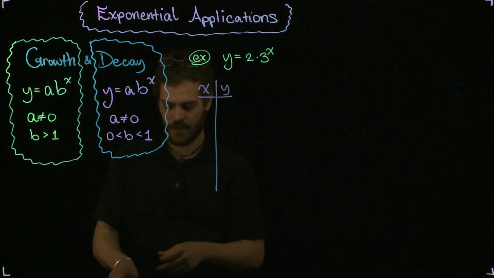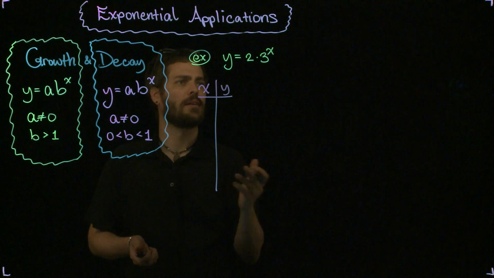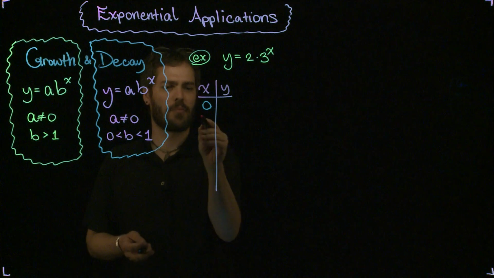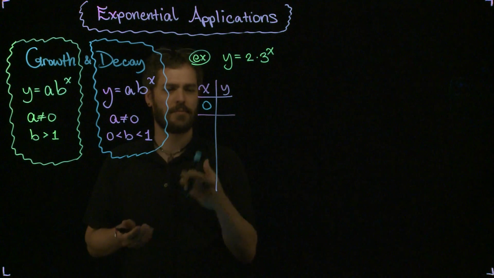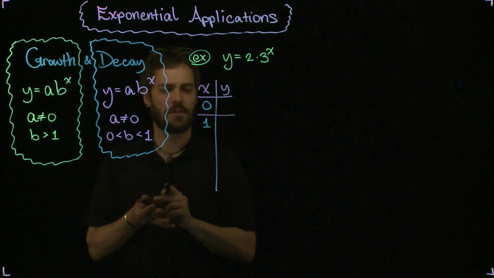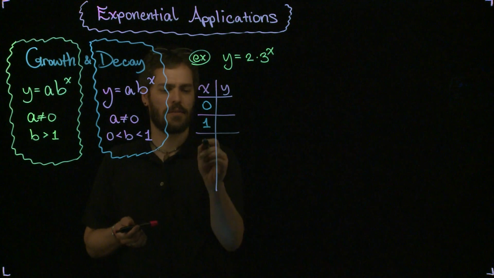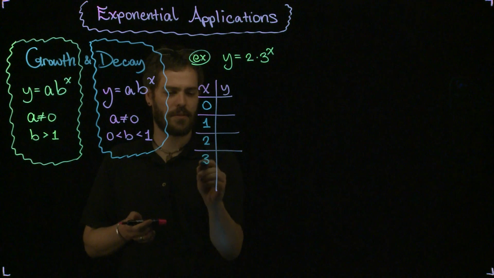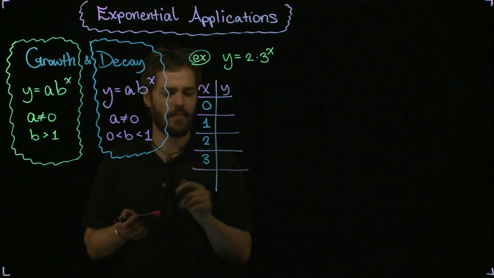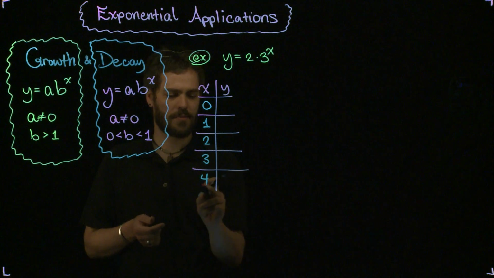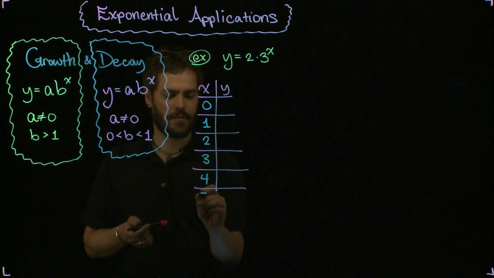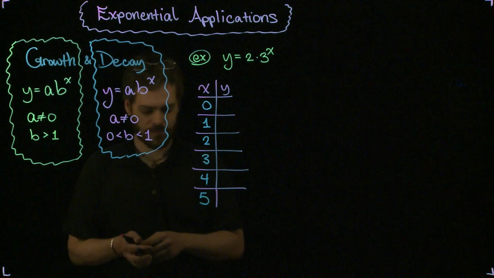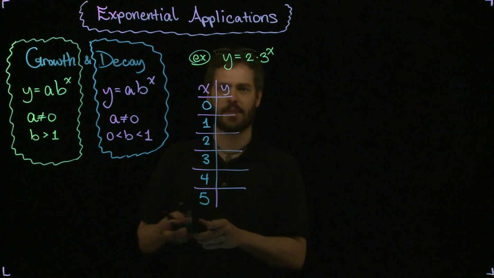Okay, and let's start with 0 and a few other positive numbers: 1, 2, 3, 4, and 5, and see what all these guys look like in the end. Okay, let's plug in those values.